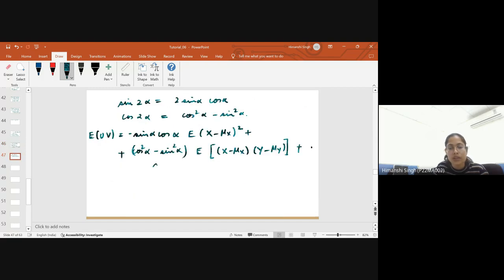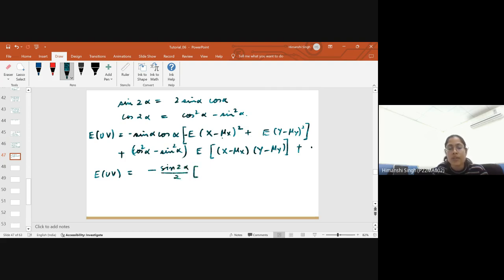So it is sine alpha cos alpha, or what I can do, I can just take it common here, minus, and this is plus expected value of y minus mu y whole square, because sine alpha cos alpha is common for both the terms. Now in place of sine alpha cos alpha, I can write sine 2 alpha by 2. So expected value of uv will be minus sine 2 alpha by 2.